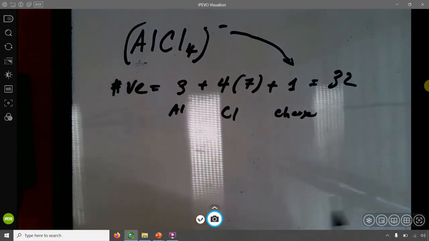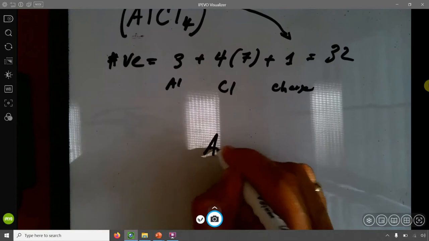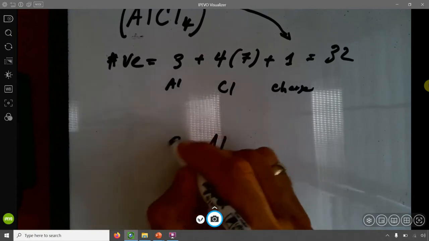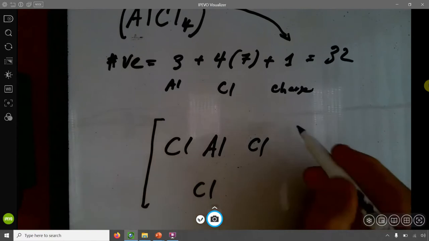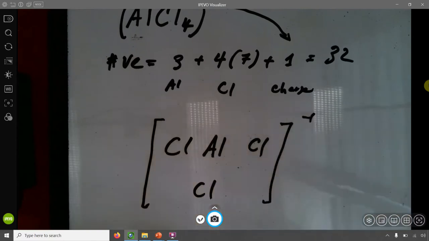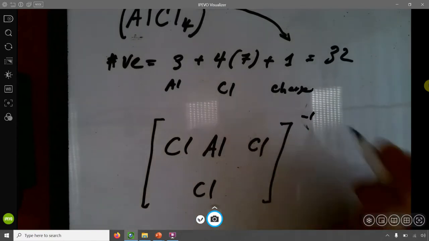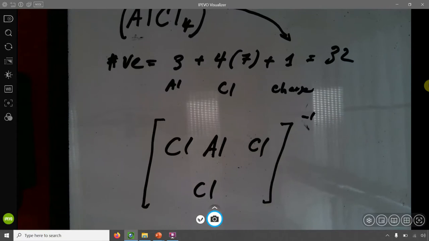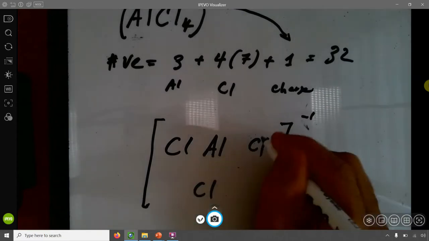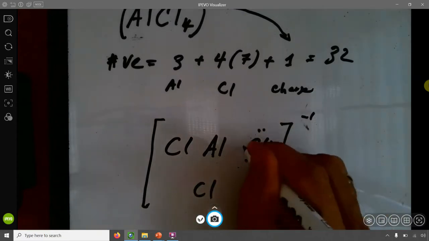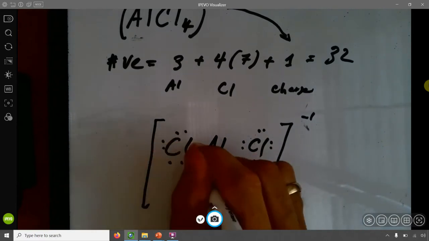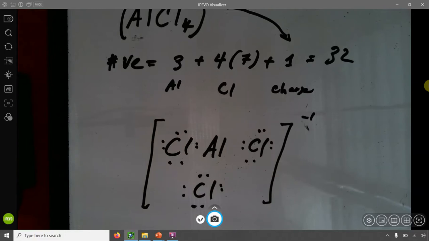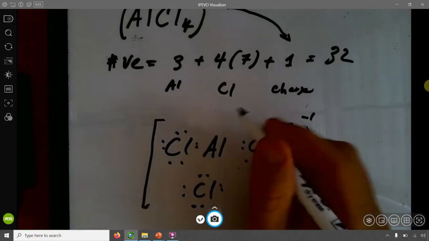Now, Al is probably going to be my central atom, so Al, okay, and I'm going to put Cl, Cl, Cl. The whole thing needs to be enclosed by square brackets, denoting that this is a polyatomic ion. Okay, now I gotta distribute stuff. So 32, I gotta make sure that each has 8. 1, 2, 3, 4, 5, 6, 7, 8. Great. Oh, I have 4 of them, I'm sorry.